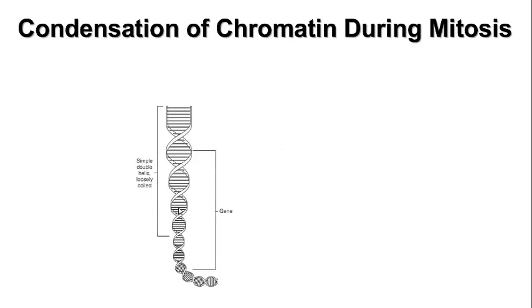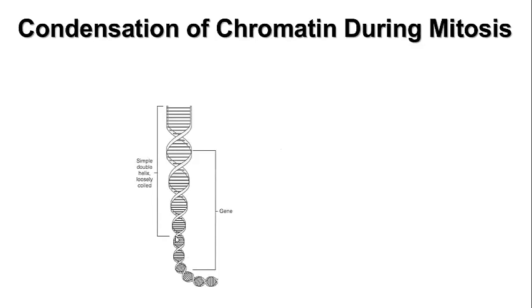Among these proteins, there is an important group of proteins named histones. Eight histone proteins form groups referred to as octamers, around which the DNA molecule is wound many times. So let's try to get to that point.